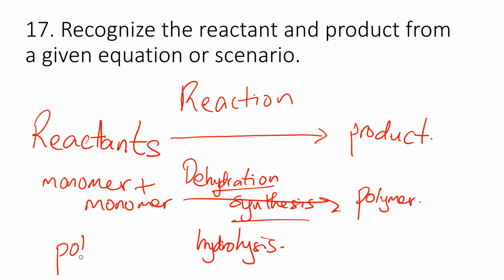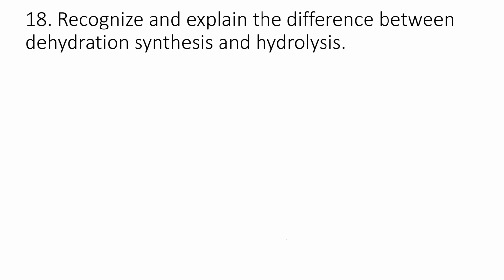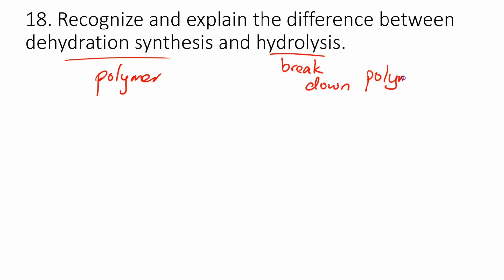Hydrolysis is a reaction where you take in a polymer and you break it down with the use of water in order to make monomer. So recognize the differences between dehydration synthesis and hydrolysis, as I explained before. Dehydration synthesis, you want to make polymer, and hydrolysis, you're trying to break down polymer. So you break down polymer into its respective monomer.